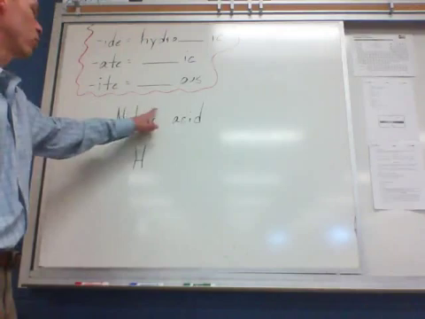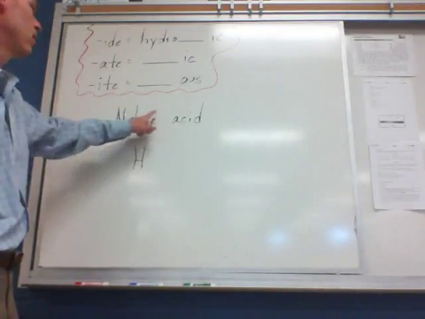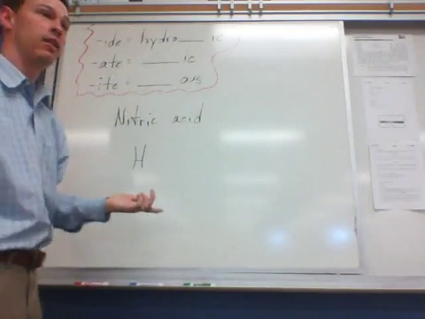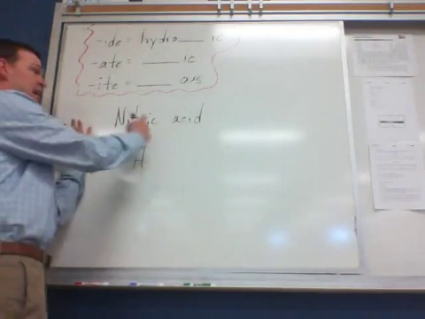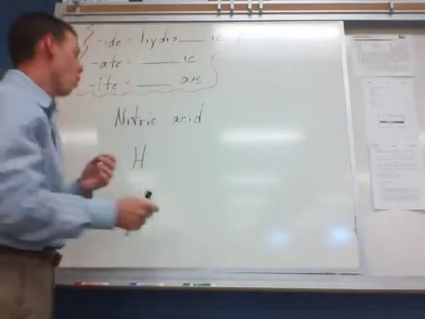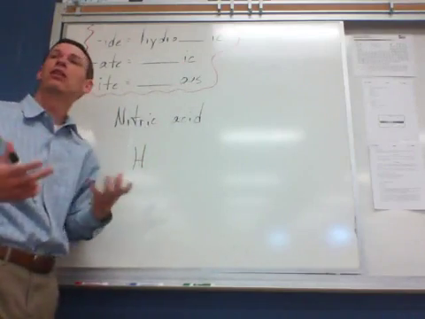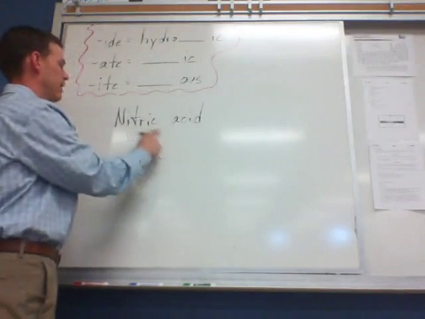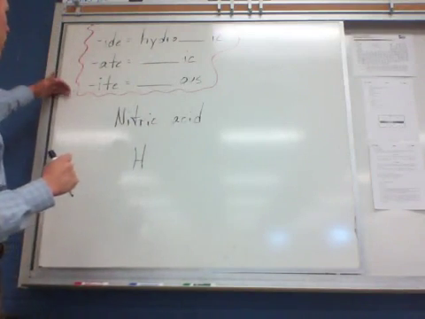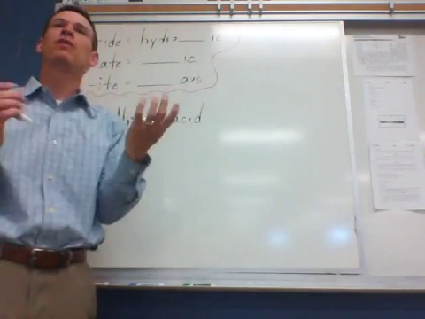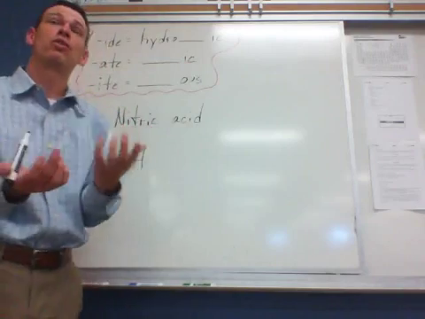If you look closely at this word, the first word in an acid, you'll always be able to find one of these scenarios. It's either going to have hydro at the beginning and ic at the end, it'll have just ic at the end, or it'll have ous at the end. Which one does this word have? 1, 2, or 3? Yeah, it just ends in ic. So all you've got to do is go in reverse.